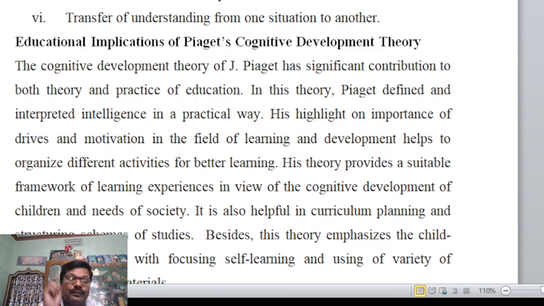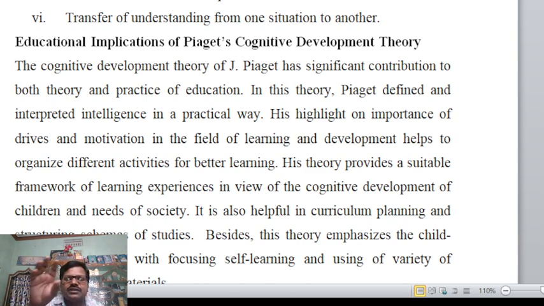It helps not only the parents and teachers to develop learning activities according to the developmental characteristics of the child, it also helps curriculum planners, experts, and educationists in developing curriculum. Could you get my point? So these are the educational implications of the cognitive development theory of Jean Piaget.